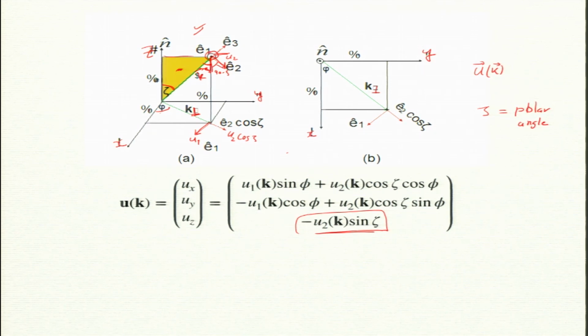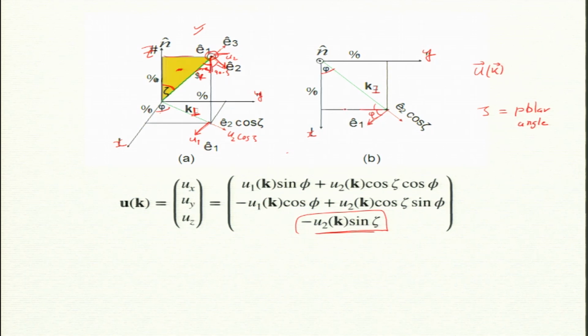So, this u1, I have drawn it here. Basically, you take the component of E1; u1 is not a vector, u1 is a number. This angle is phi. So, what should be this angle? This is 90 minus phi, so this is phi. Along the x direction will be minus E1 cos phi.